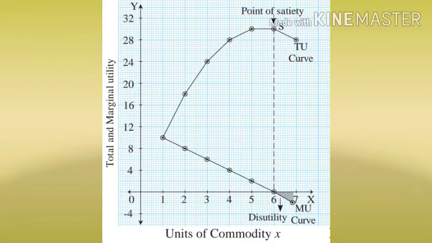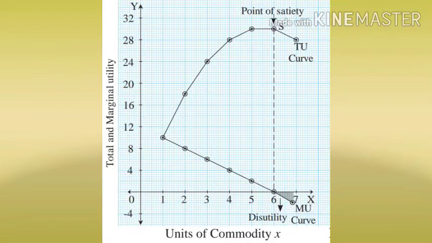It achieves point of satiety, that is total satisfaction. Fourth, further, any additional unit consumed results in a decline in the total utility, while marginal utility becomes negative.